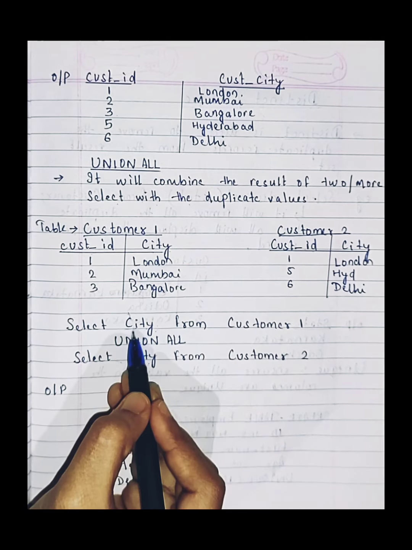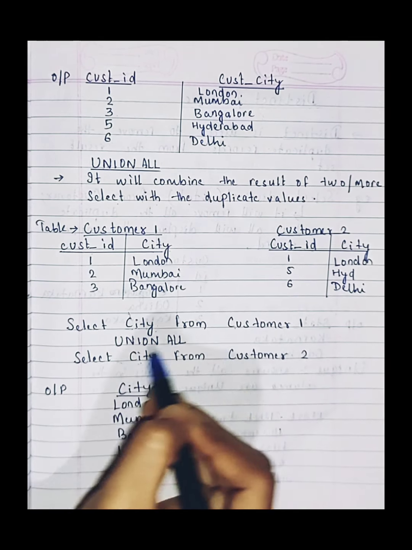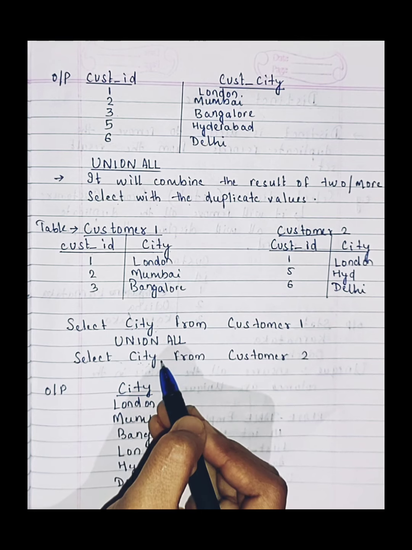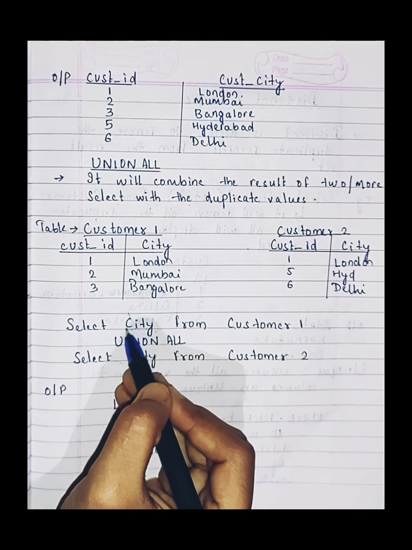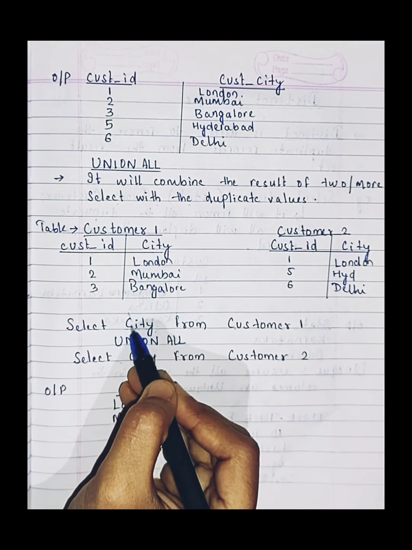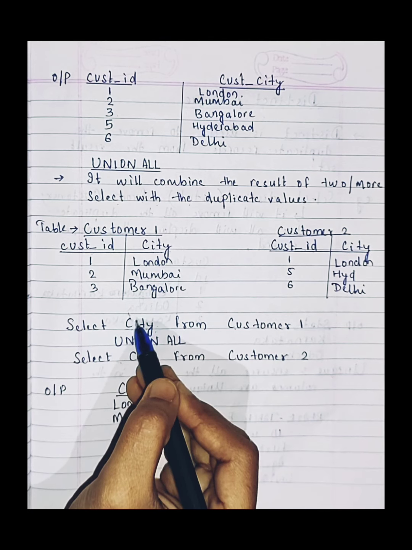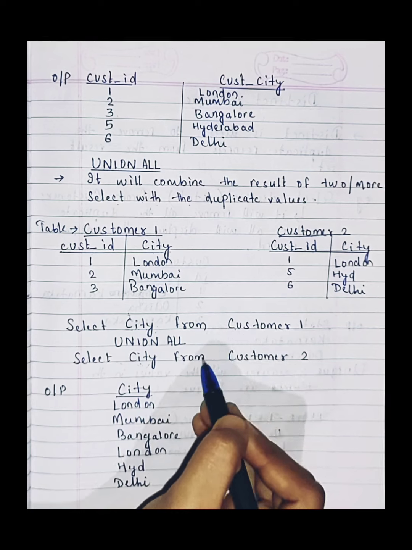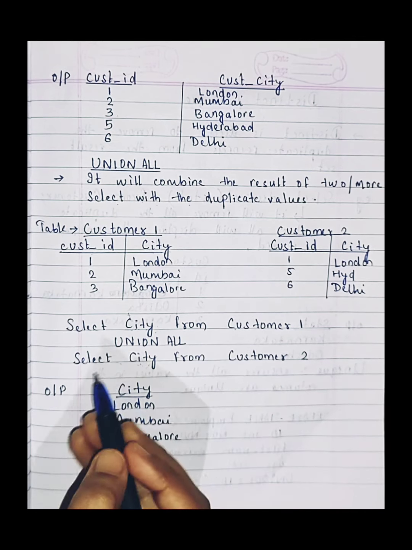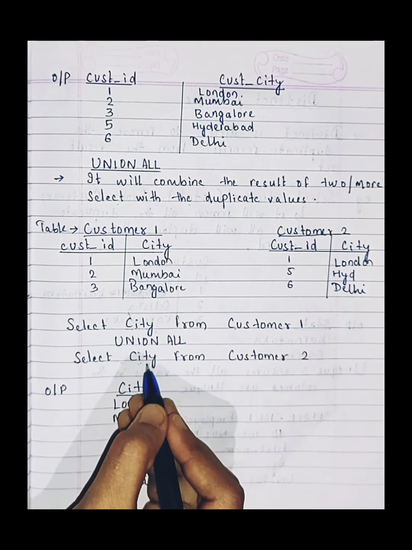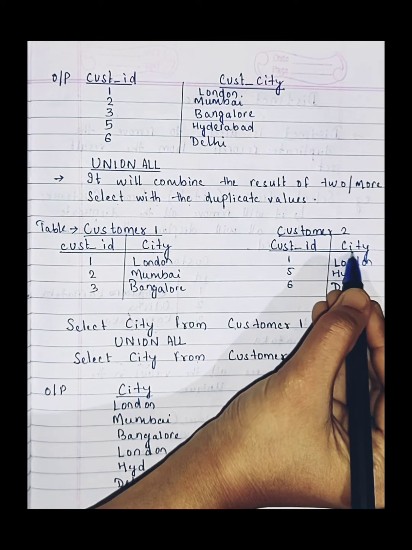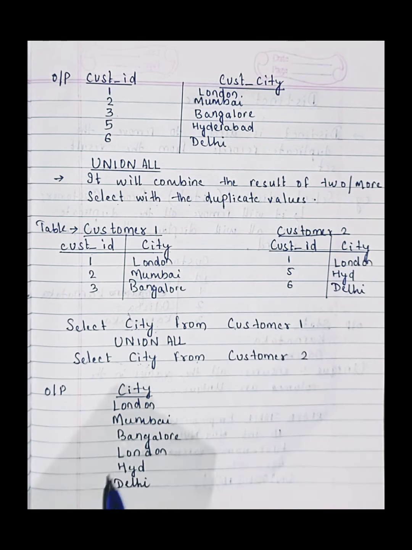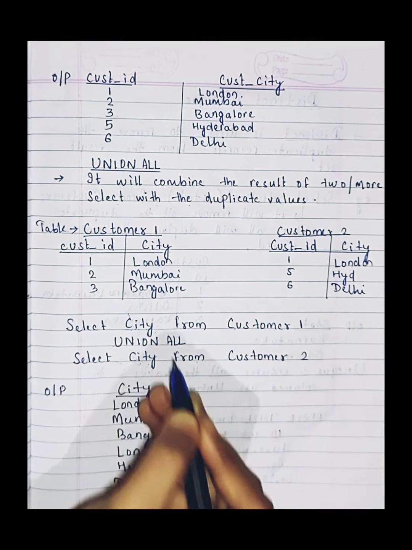So whatever we are doing in the first select, in the second select we will follow the same pattern: same column name, same data type, exactly the same, so both the selects will look the same. So in the second select, select city from customer 2, and we are writing union all in between them.